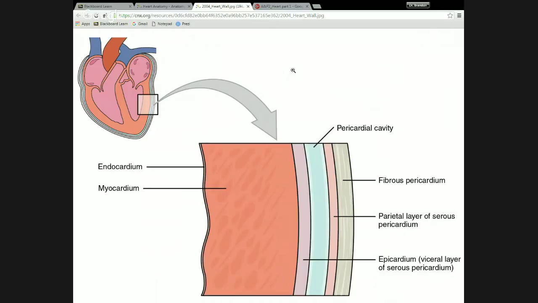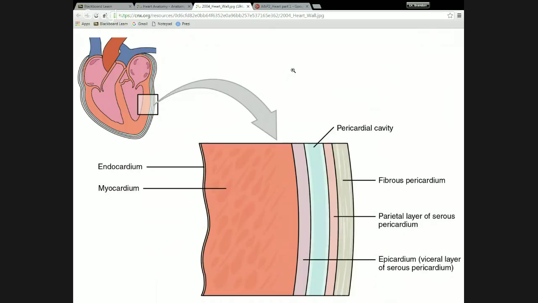So as the blood's moving through the cardiovascular system, it's moving along a smooth inner surface. When we're in the heart, we call it the endocardium. When we're in a blood vessel, we call it the endothelium. But it's just a continuous, simple squamous epithelial lining to the whole cardiovascular system. So those are the three layers of the heart: the endocardium, the myocardium, and the epicardium.